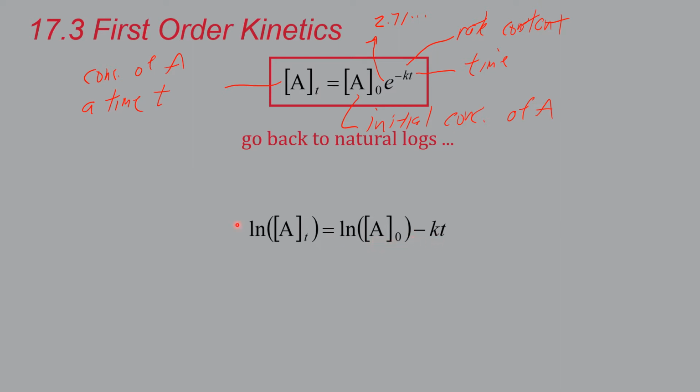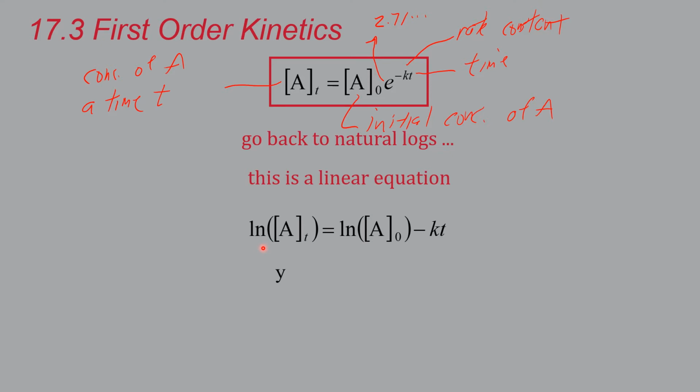And the reason why people like this particular version of it is because that's actually a linear equation, and it's easy to graph, it's easy to analyze. But these two are saying exactly the same thing. And in my opinion, this is actually the easier one to use if you're actually looking for concentrations or associated times.